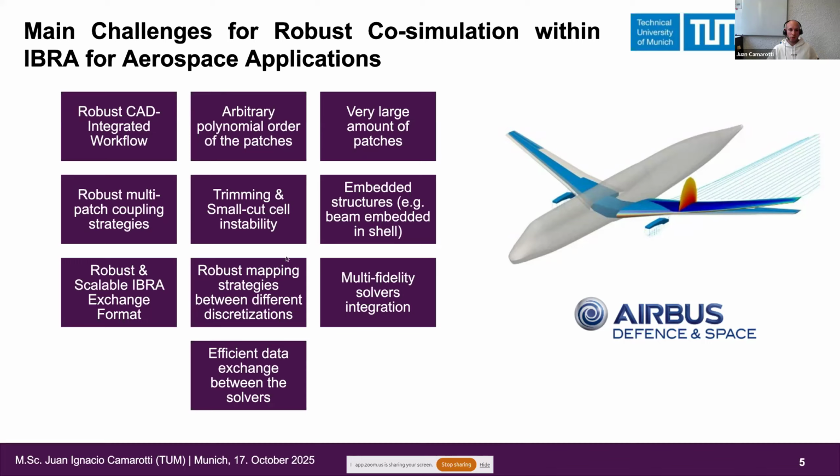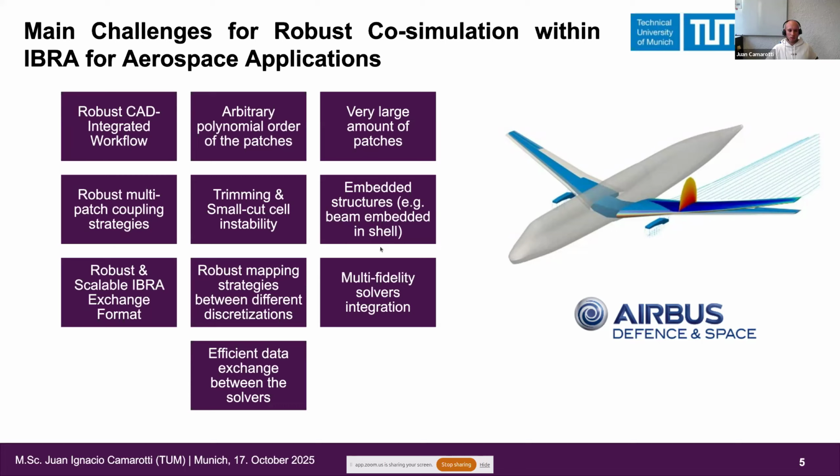Then we also need to be able to deal with trimming. And when we talk about trimming, we don't only talk about the different techniques for the integration of trimmed elements, but we also need to talk about the problems which could appear when one performs trimming, specifically the small cut cell instability, which is a very well-known problem in the case of trimmed patches.